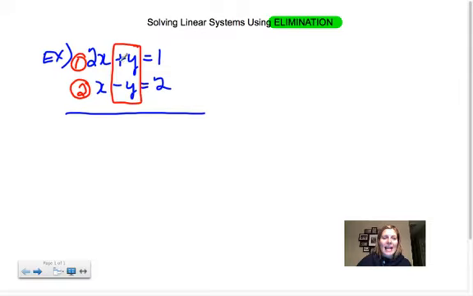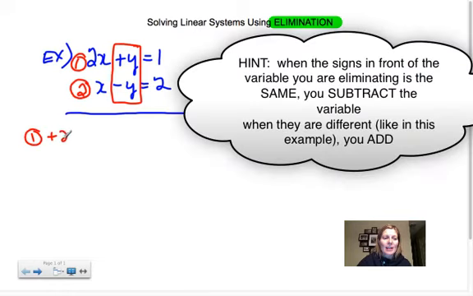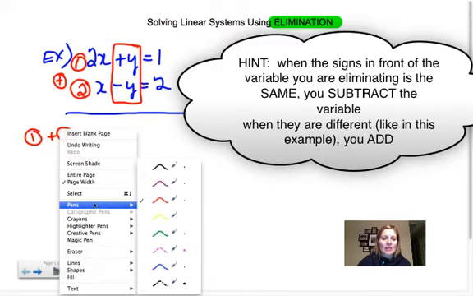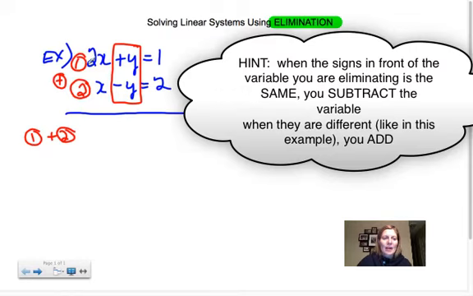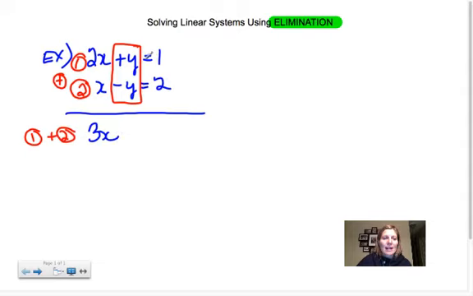Well, if I take equation 1 and add it to equation 2, equation 1 plus equation 2, then let's see what the result turns out to be. I've got a 2x plus an x, and that's going to give me 3x. And then I have a positive y plus a negative y, and that's going to eliminate my y's completely.